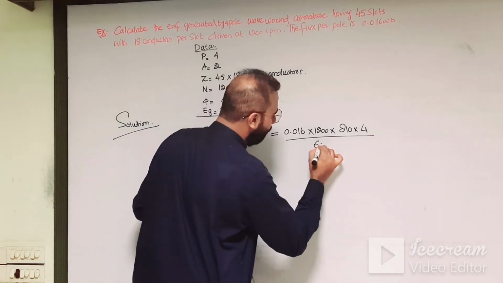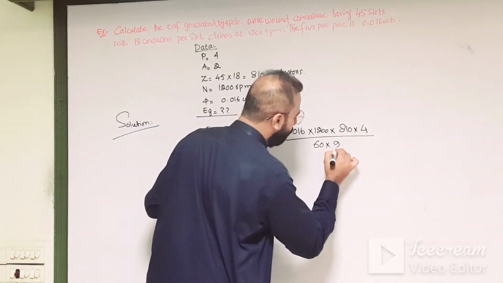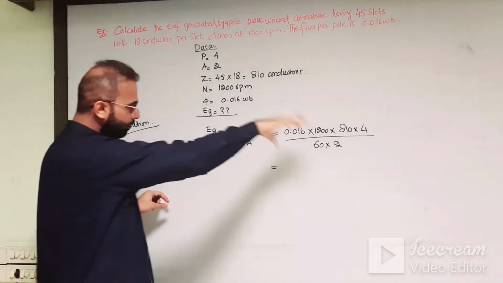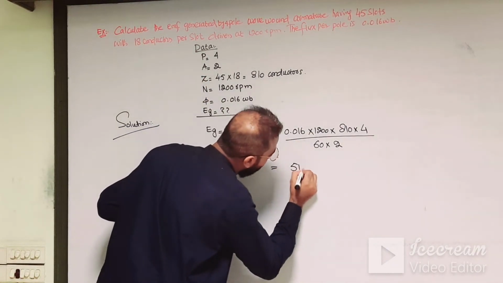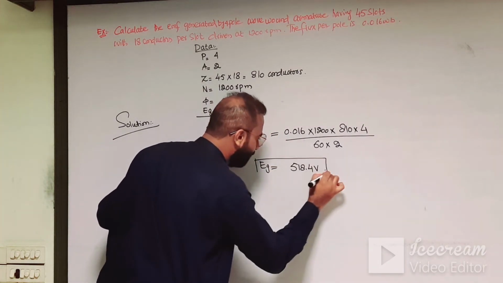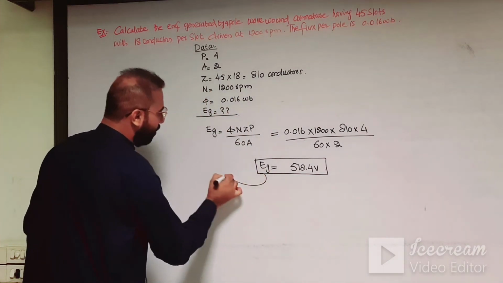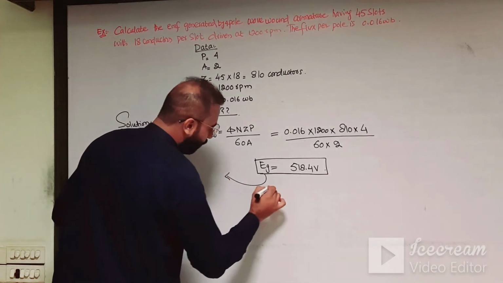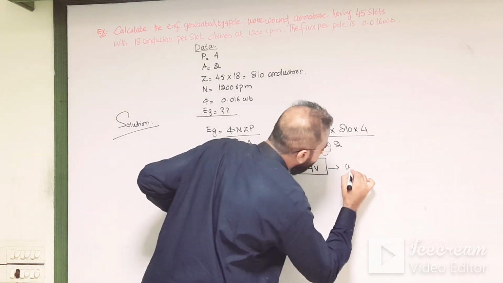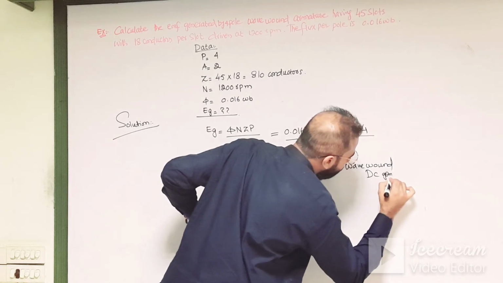And 60 multiplied by the value of A, which in the case of the wave wound generator is 2. So by solving this we will get 518.4 volts. This is the EMF which is generated in the armature conductors in the case of the wave wound DC generator.